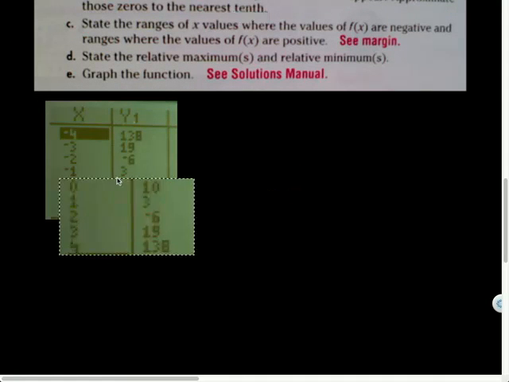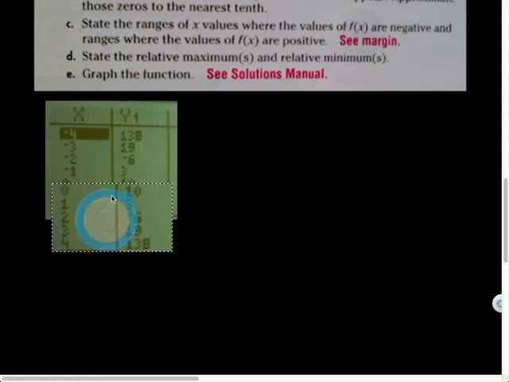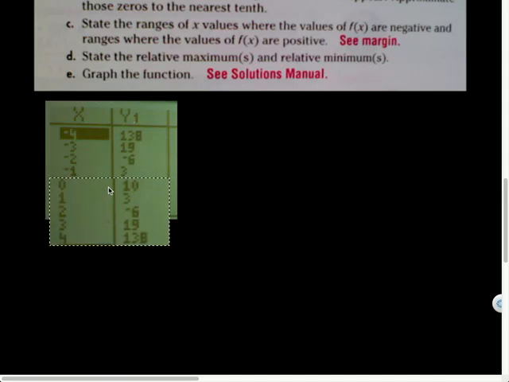I guess I have to make sure these are somewhat the same size now as well. And that's close enough. So based off of this table, it's kind of sad looking, but that's okay.